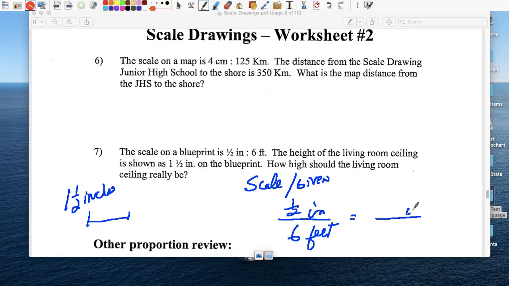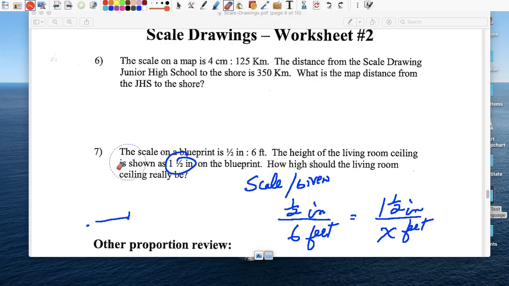On the other side, it's inches and feet, and our other number, 1.5. So 1.5 inches is how many feet? That's what we're looking for. Let's cross multiply. Half times x is half x. Half of x equals 6 times 1.5, which is 9.